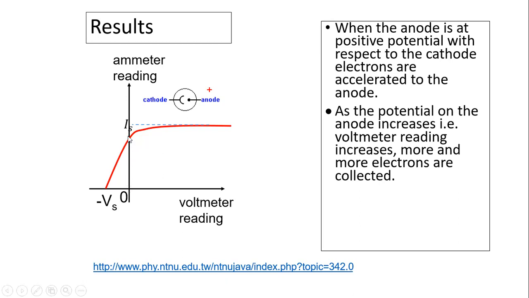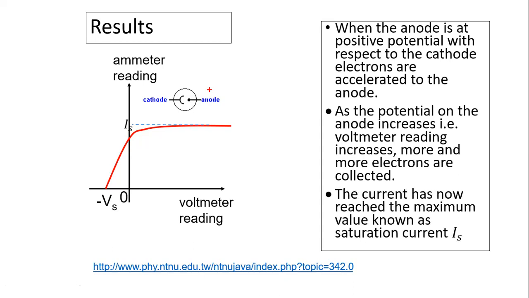At zero potential, we still get current. Why? Because the electrons are emitted with a range of velocity, so those that have velocity will be collected by the anode. Then as you increase the anode potential, more and more electrons will be collected. Those that have zero energy will also be given energy and move to the anode.